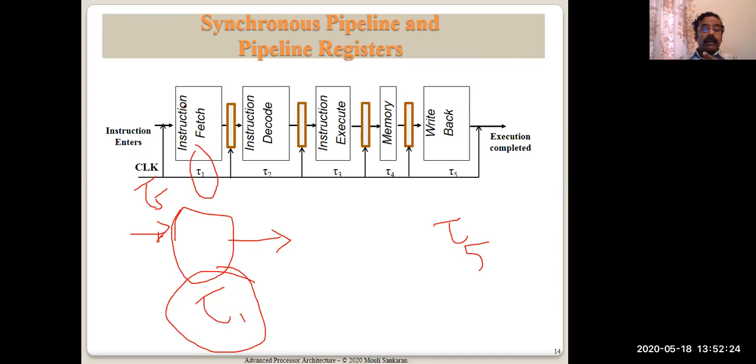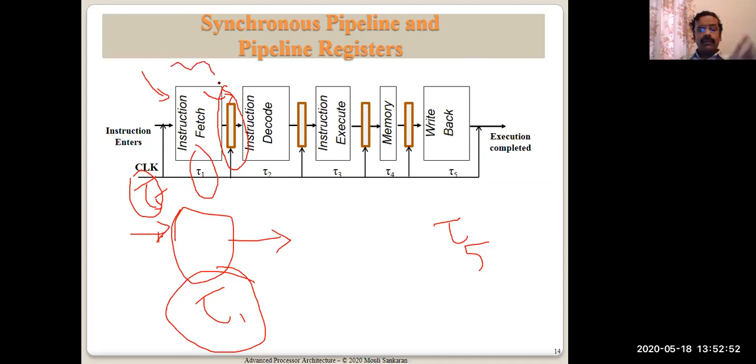Then the instruction fetch would not have been completed. It may be halfway through. The content which has been read from the memory will be in an indeterminate, indefinite, or unstable state. If I change the clock, I am going to latch whatever value is here into this pipeline register, assuming that it is the result of this stage.